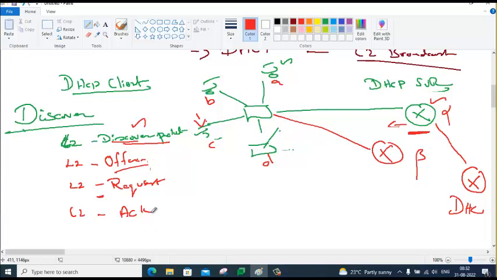After it has expired, it will send out again. And if the same DHCP is available, the same DHCP will give the same IP address again. So the IP address gets renewed, but it's the same IP address.